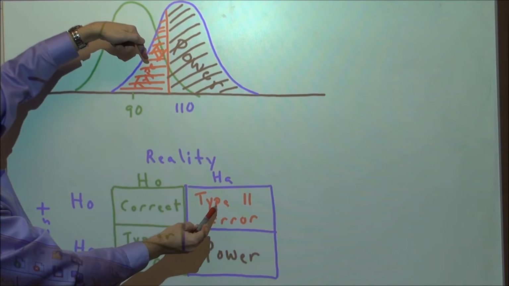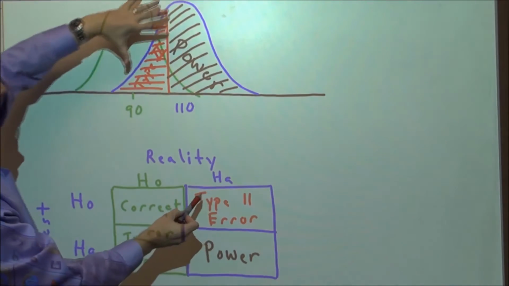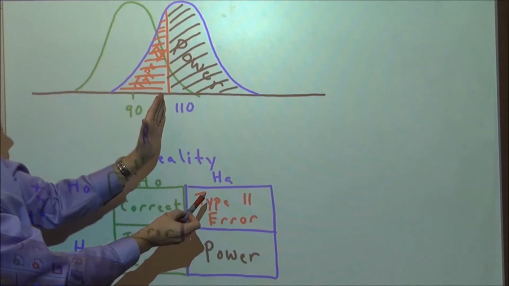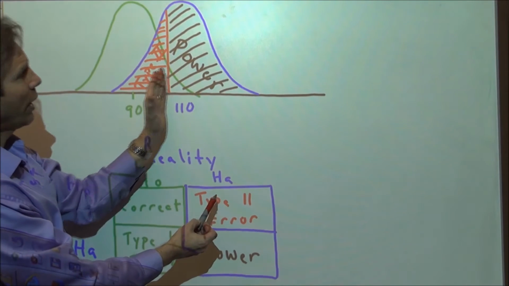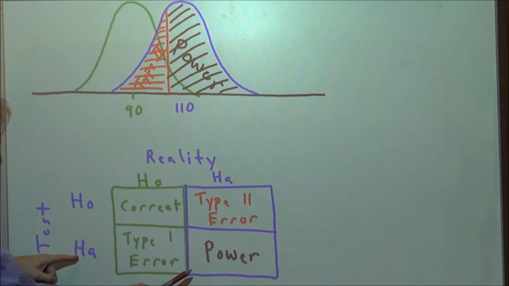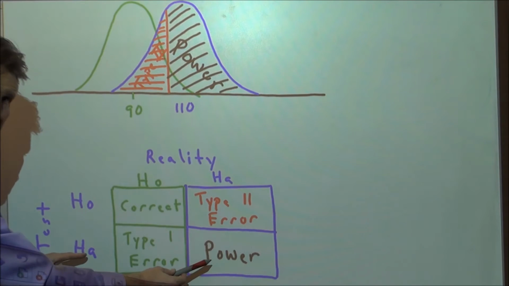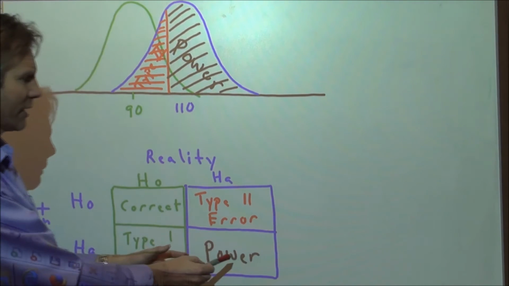That was that 36%. But if the alternative is true, again, this blue distribution is true, and we get a sample mean that's above that 106 seconds, then we're going to correctly reject the null and accept the alternative, and that would be the power of the test. We'd be making the correct decision.